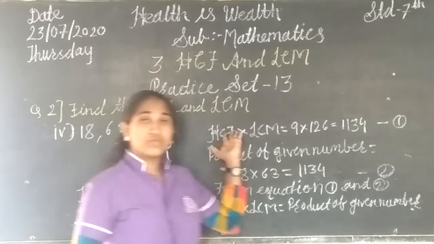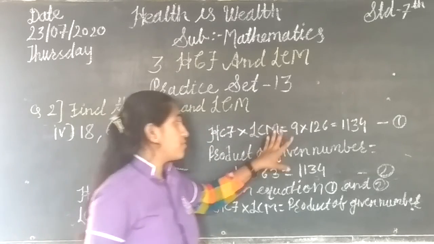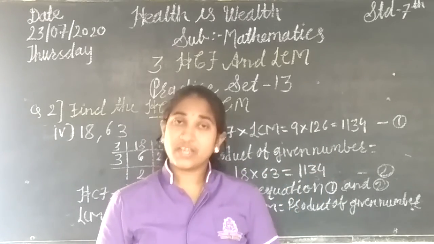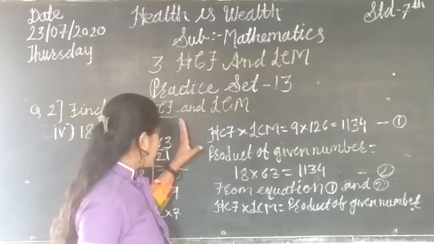I hope you understood how we have to find HCF and LCM and how we have to show the verification of these numbers. Now again try at home and solve this practice set at home.